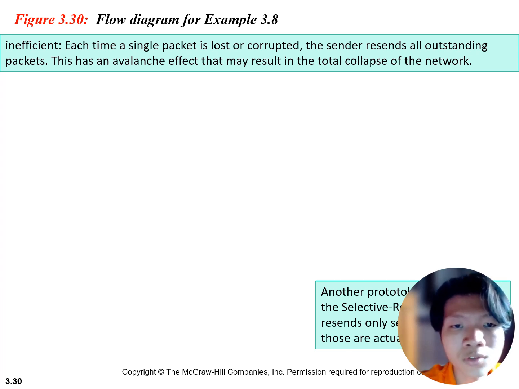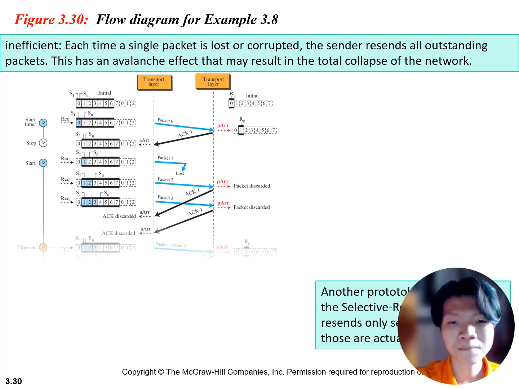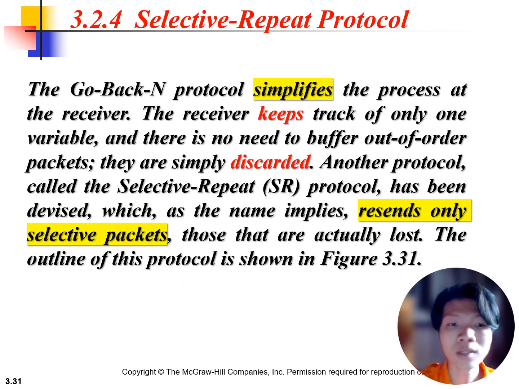This is the flow diagram for Example 3.8. The Go-Back-N protocol simplifies the process at the receiver. The receiver keeps track of only one variable, and there is no need to buffer out-of-order packets. They are simply discarded.